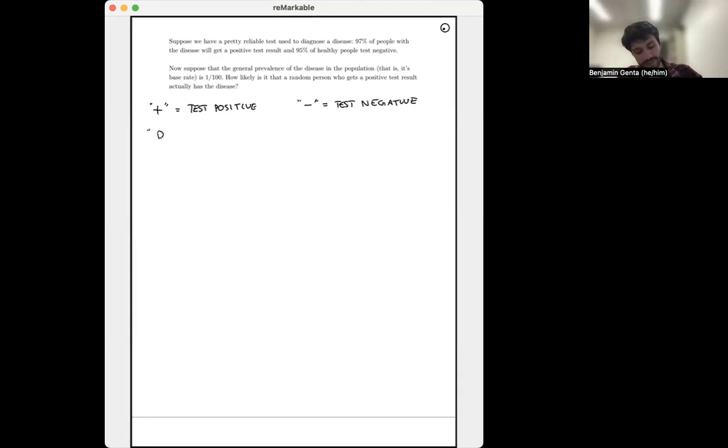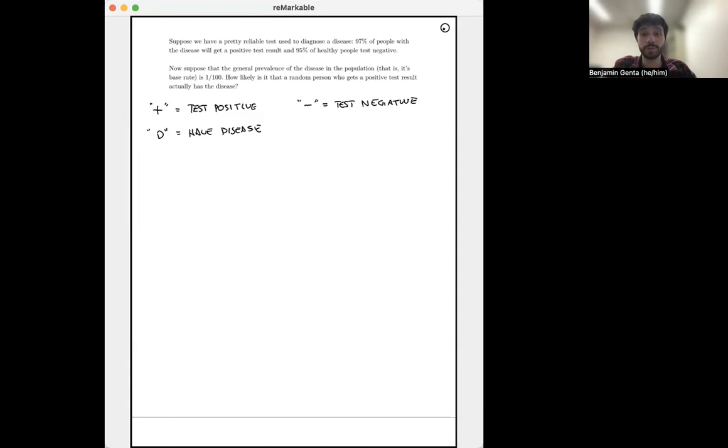And say that D means that you have the disease. And of course, not D means you don't have the disease, so you're healthy. We have all your ingredients now. Note that testing negative is just not testing positive, but it's nicer to see a plus and a minus instead of not plus.